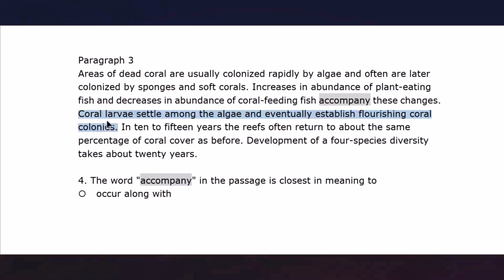So it means that coral larvae appear, not disappear. This is so. Coral larvae appearance is a consequence of destruction of areas of coral by acanthaster.